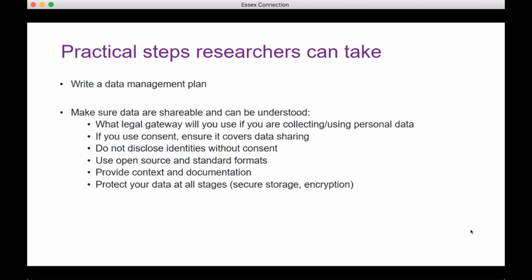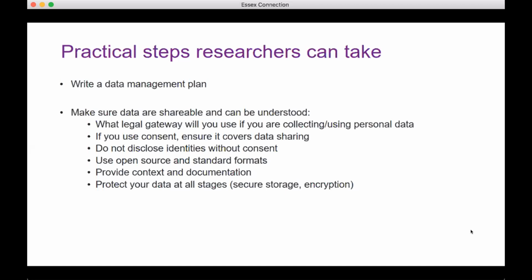Okay, so moving on, some very simple practical steps that we as researchers can take would be, firstly, of course, writing a data management plan at the very beginning of the research project. So this is, as I mentioned, now a requirement for most funders to ensure aspects such as storage, processing, access, and destruction are well thought out in advance.